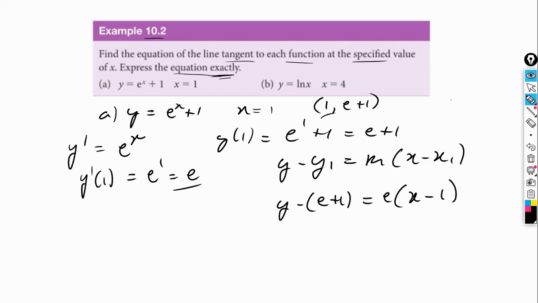And then all we have to do is expand and rearrange this. So this is going to be y minus e minus 1 is equal to ex minus e. So notice that this and this will cancel out, and we're going to end up with y is equal to e times x plus 1.